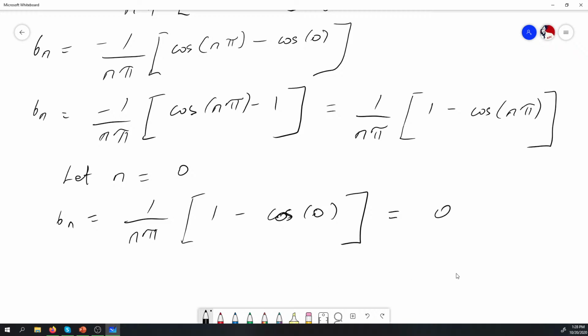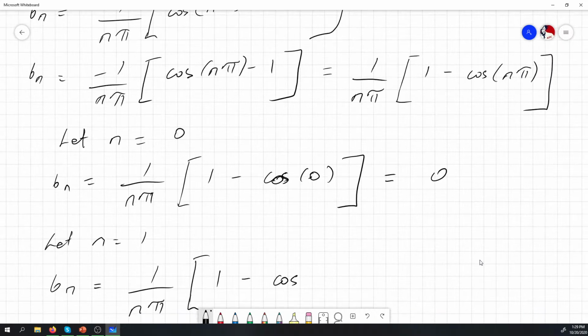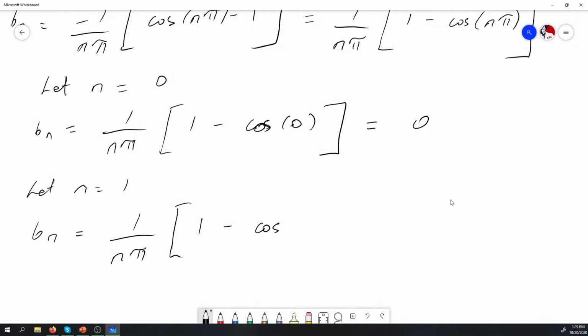But if we let n equal 1, b of n will be 1 on n pi into 1 minus cosine of pi.